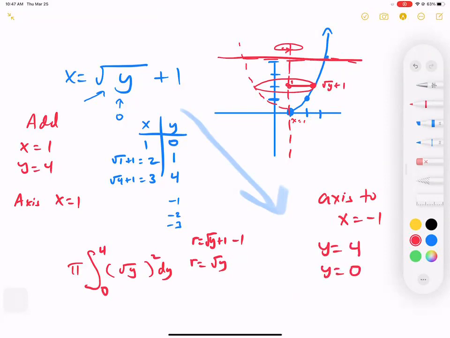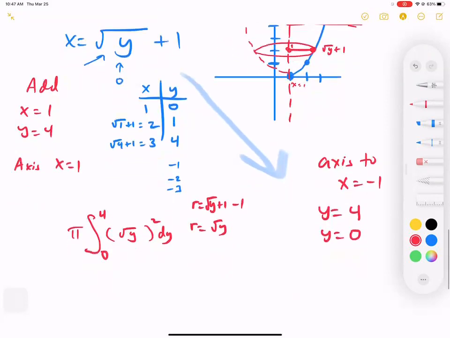Okay. So let's draw this one slightly different. So we said before we are graphing this parabola looking like this, except -1 now is my axis of rotation.